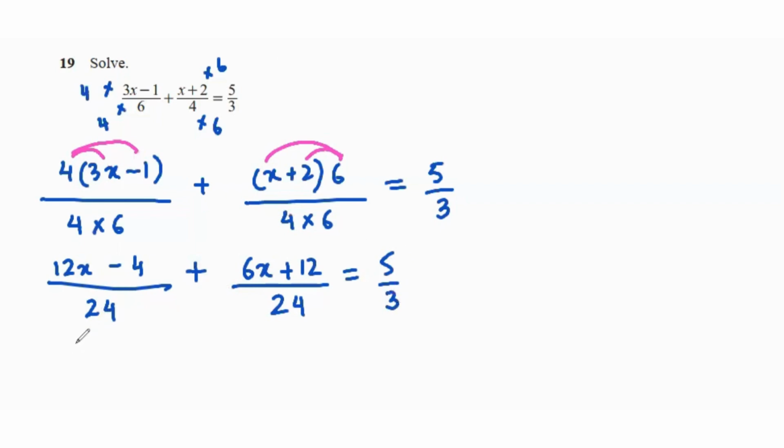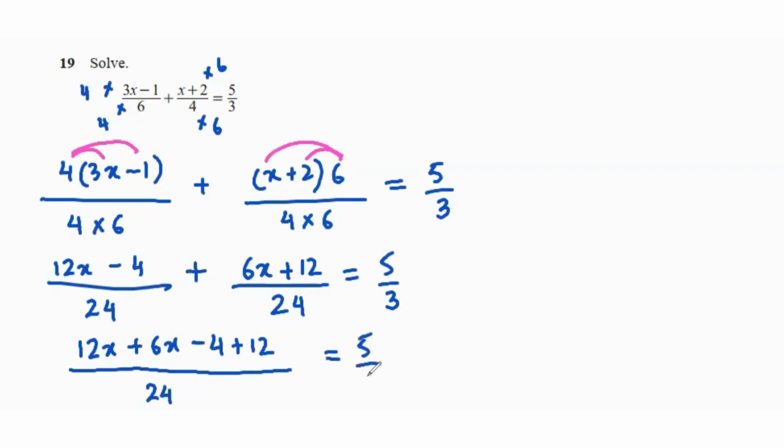Since we have the same denominators, we can combine the numerators. 12x plus 6x minus 4 plus 12. I just rearrange the values to collect the like terms with each other. So the denominator is now going to be 24, and we can write it as a single fraction. 12x plus 6x is 18x, minus 4 plus 12 is 8 over 24 equals 5 over 3.